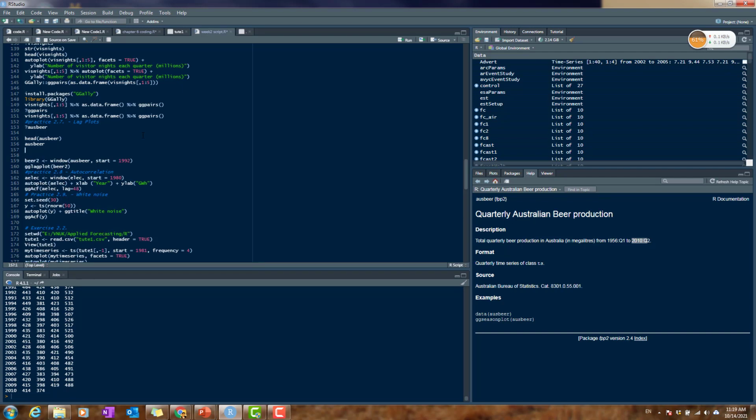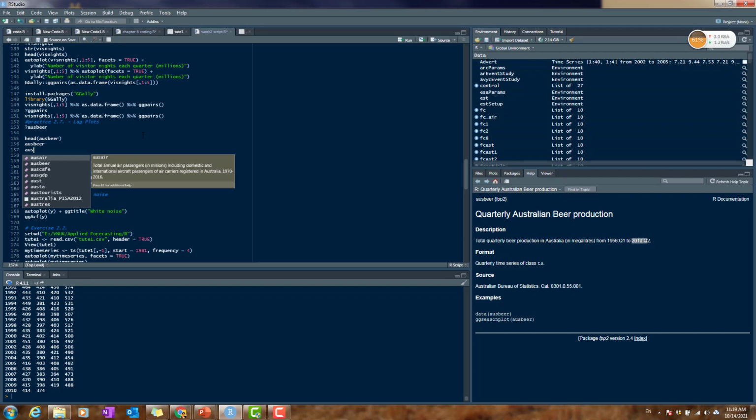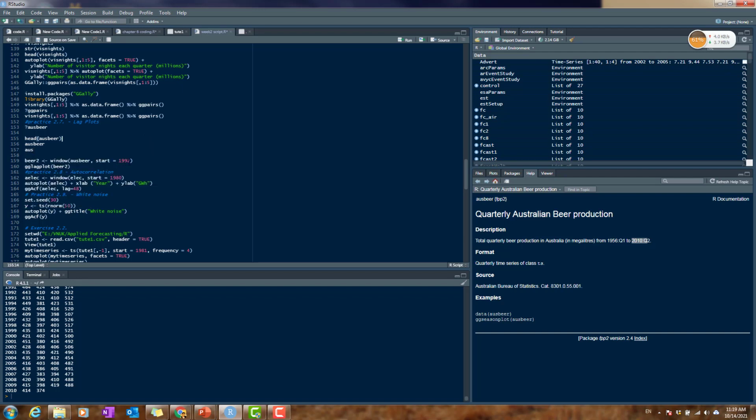However, I don't want to see all the data because it's too much. I just want to use it for the beer function, starting from 1992. So I use the window function on the US beer data, starting from 1992.